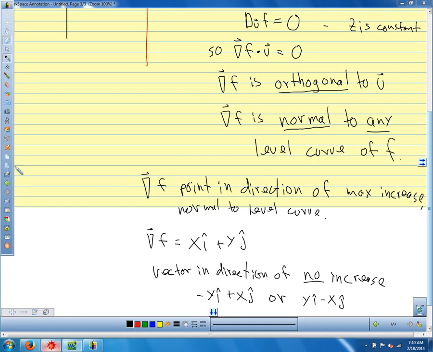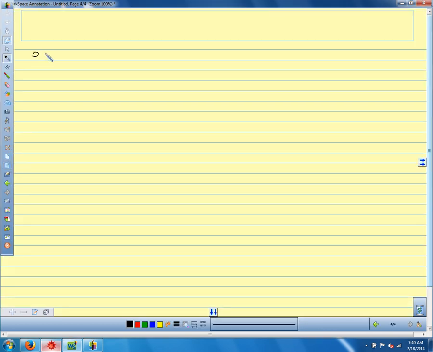All right, let's do a quick example, and then I think we get to do this today. Yes, we get to do one of my favorite examples that has to do with the gradient. So let f of x,y equal xy.